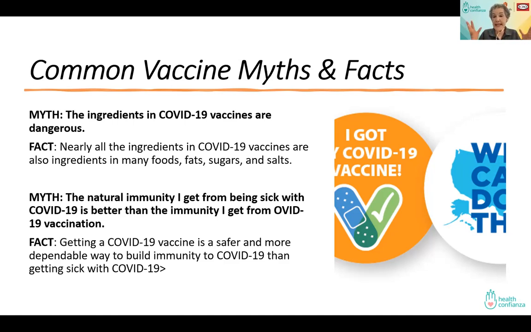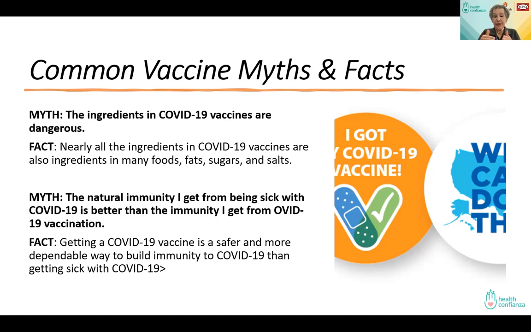So one is that ingredients in COVID-19 vaccines are dangerous. Again, nearly all the ingredients in COVID vaccines are also ingredients in many foods. There's fat, there's sugars, there's salts in that. And again, vaccines have been used for many, many years. So there's no literature that any of the ingredients are dangerous.